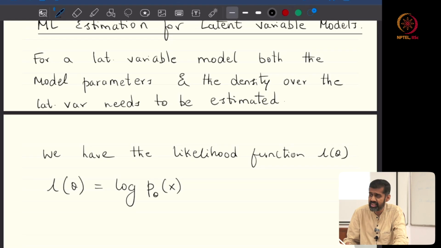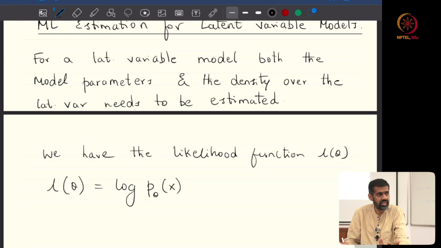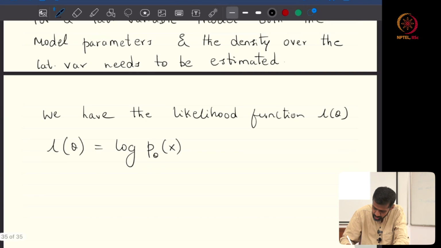So log of p theta x is the likelihood of x, the data point that we have, and log p theta x is the likelihood of that particular data point, okay. Now for the latent variable model, this is equal to log of, I will assume that the latent variable is discrete for now, sum over z of p theta of x and z.